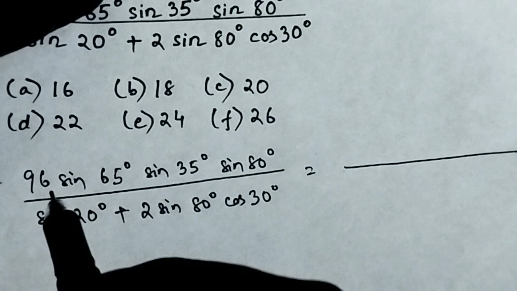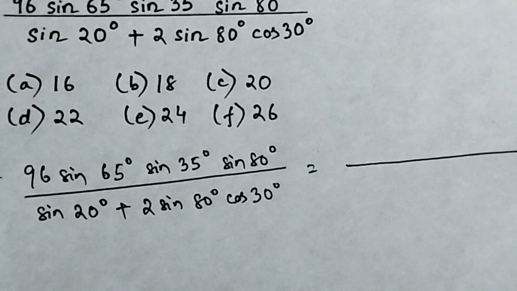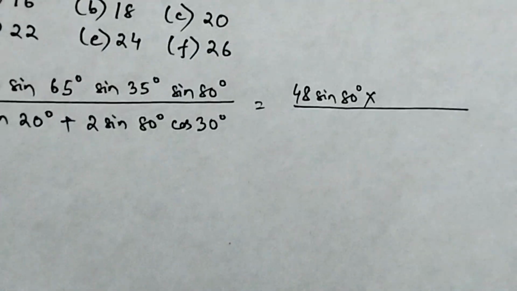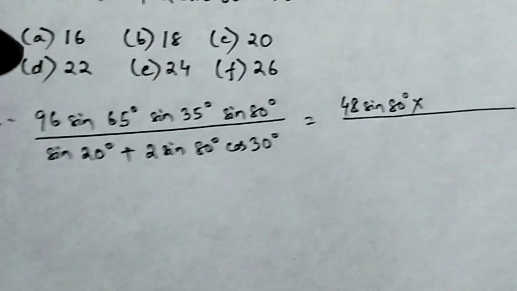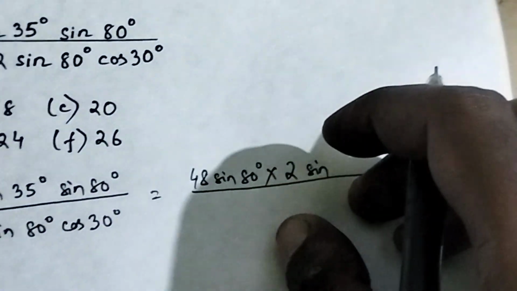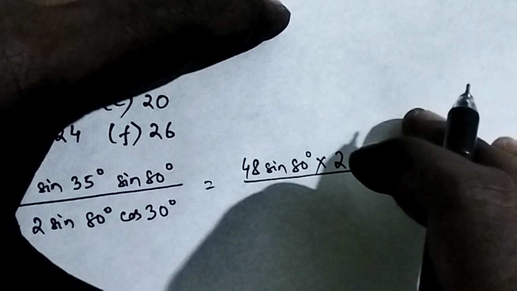This 96 sine 65 degree sine 35 degree sine 80 degree can be written as 48 sine 80 degree into 2 sine 65 degree into sine 35 degree.